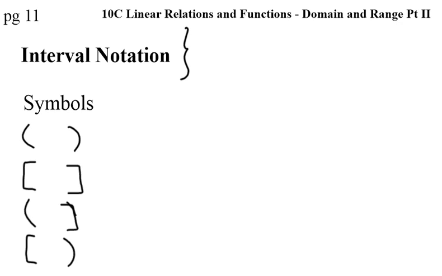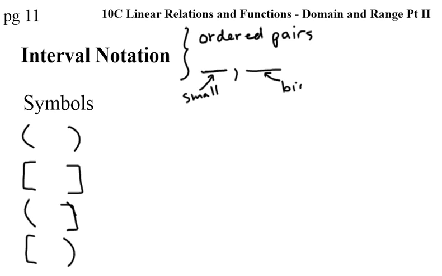Interval notation is kind of like looking at ordered pairs, because inside of each set of brackets you'll have an ordered pair, and the first value will always be the small value for your domain and range. The second value will always be the big value for domain and range. But the key is which brackets go around the ordered pair.